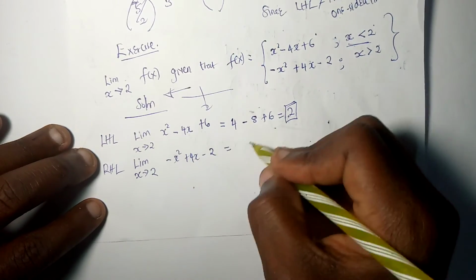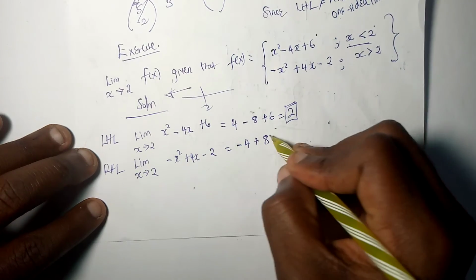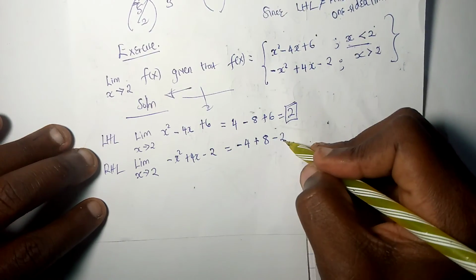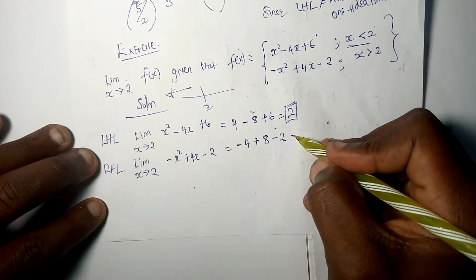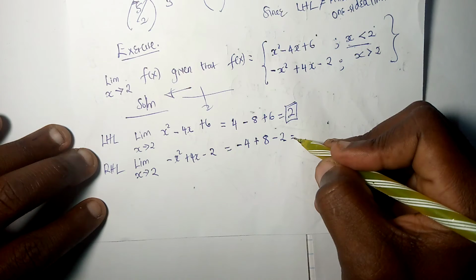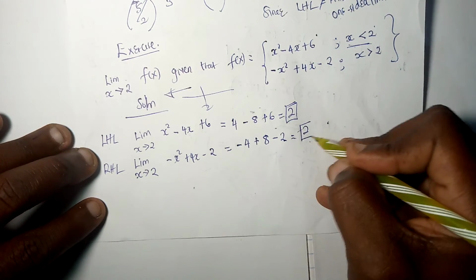We get minus 4 plus 8 minus 2, which is 2 as well.